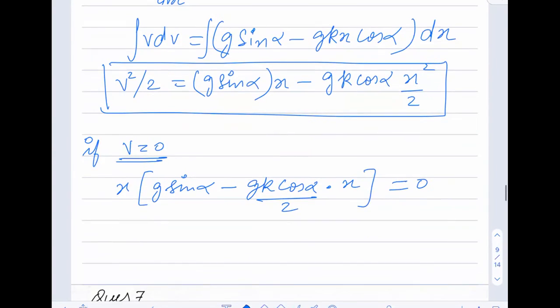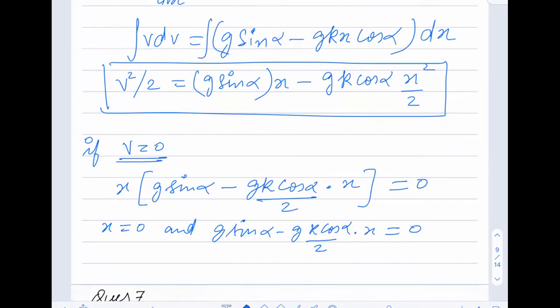Now here I will get x is equal to 0, and g sine alpha minus gk cos alpha by 2 into x as 0.